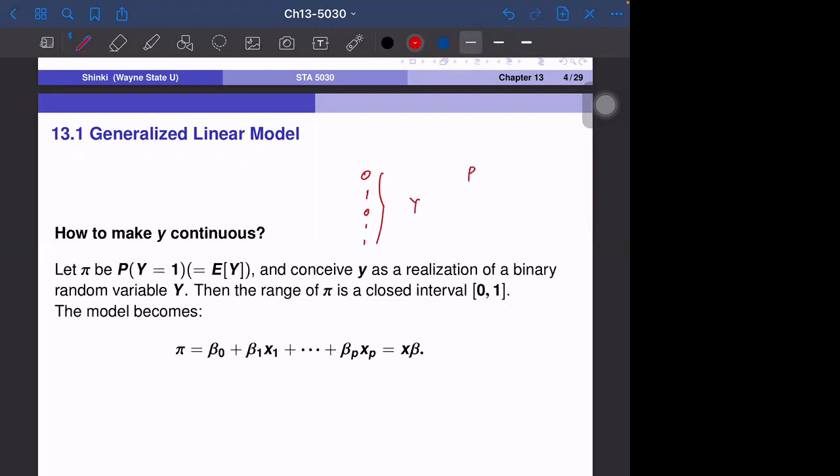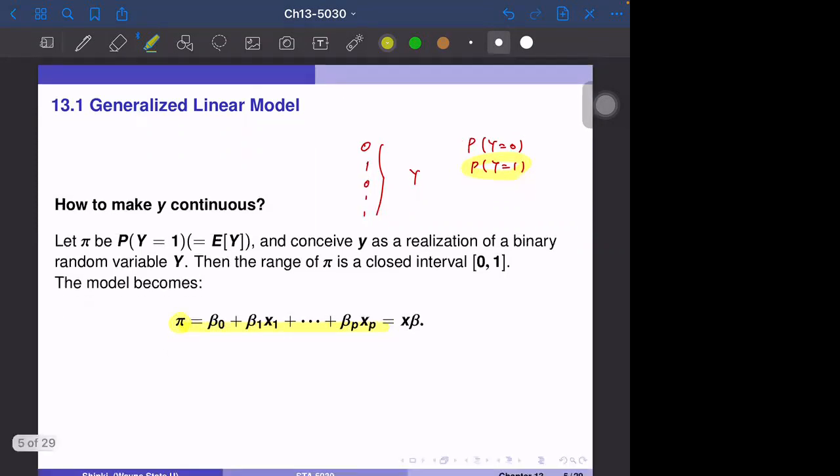We can think about the probability of y equal to 0 and the probability of y equal to 1, which is the success probability. So we rather explain the probability of y equal to 1, and we denote that as pi. Our model is pi equal to the linear combination of the intercept and x1 to xp.